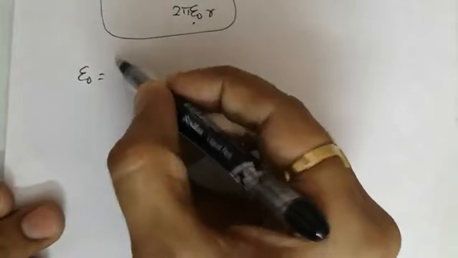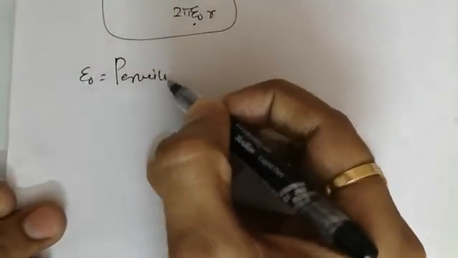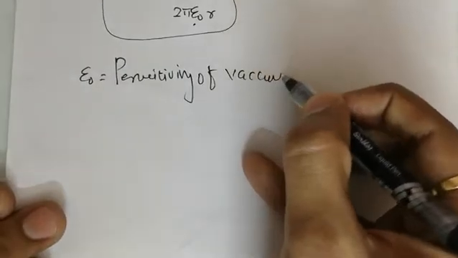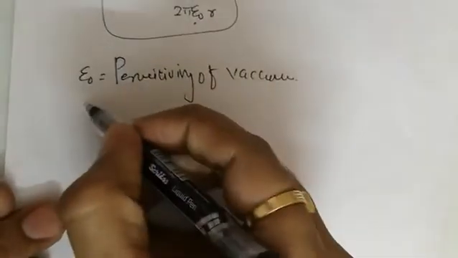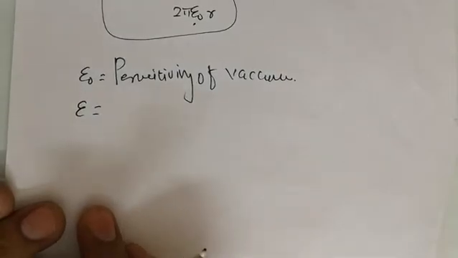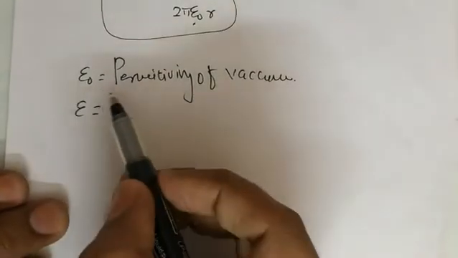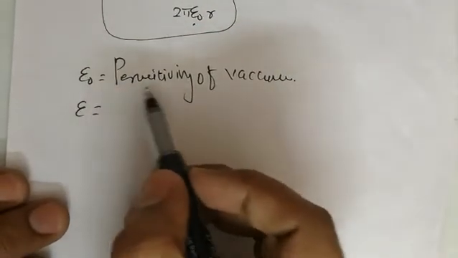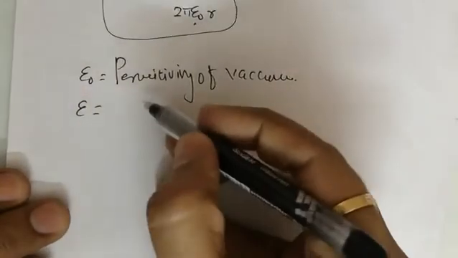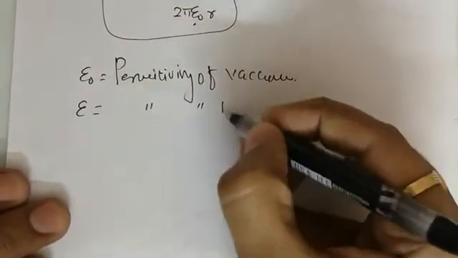Here we have epsilon 0. It is called the permittivity of vacuum, because we are putting very small charges into the vacuum, and the amount of force they exert in the presence of a vacuum is the maximum amount of force. So whenever we solve examples, epsilon 0 is the permittivity of vacuum, and epsilon is the permittivity of a material.